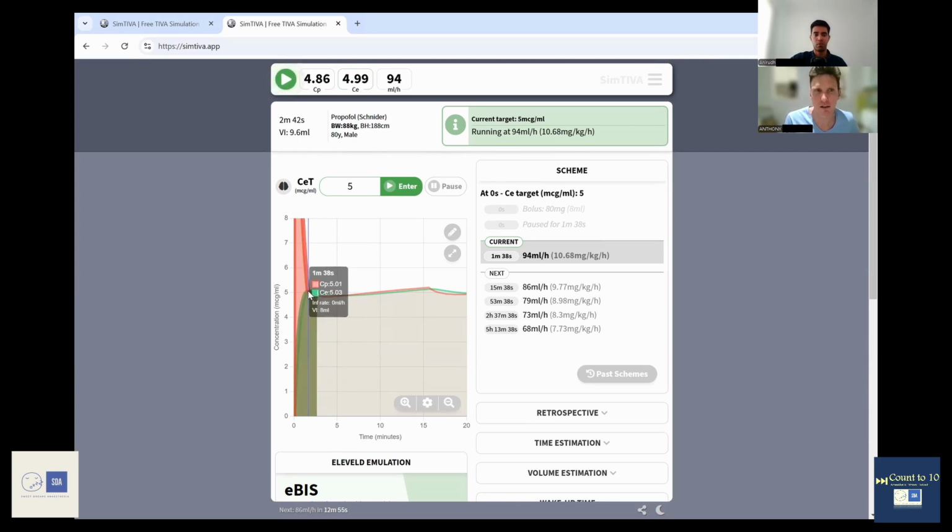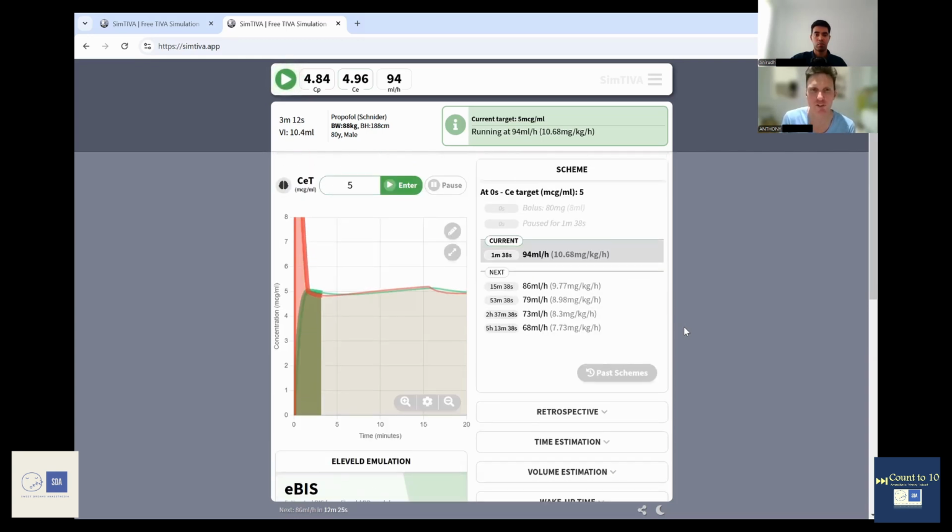VDPE is bigger because, if you give a bolus dose and then measure it 1.5 minutes later, some of that propofol will have left V1, so you're going to have a lower plasma concentration. So VDPE always has to be higher than V initial. And if you keep running indefinitely, you end up with the volume of distribution at steady state, which is a higher number still. This is the problem: volume of distribution can be very confusing if you are not specific about which one you are talking about.